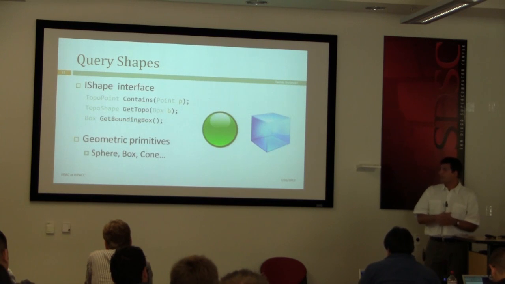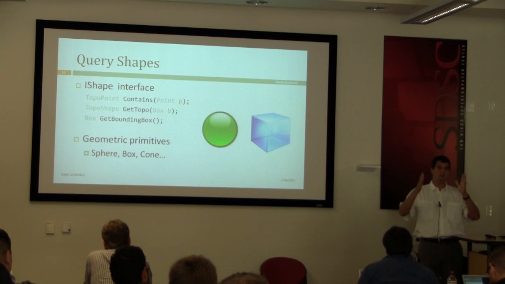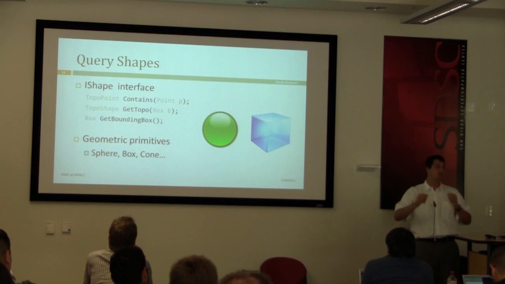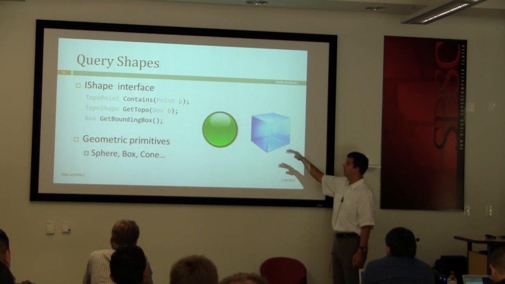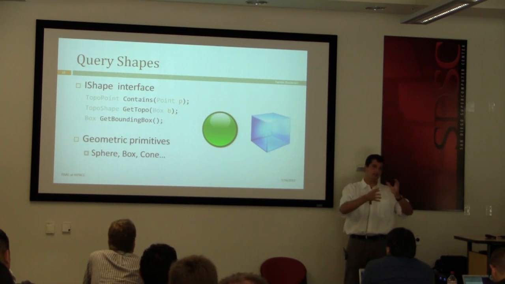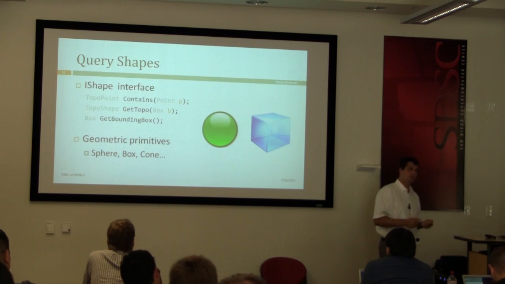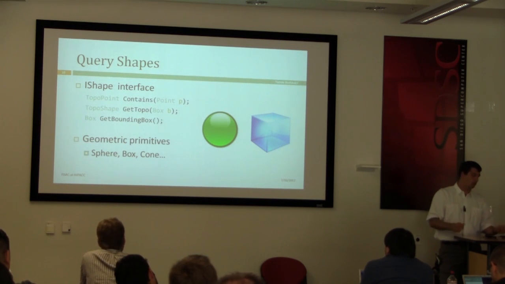And in addition to this, you also want to be able to describe how these things relate to boxes, because that's typically what the simulations are in, periodic boxes. So these are the few functions that any primitive would have to know about: how to figure out what its bounding box is, whether it intersects with the box or not, and whether the point is inside or not. And if you can do this, then you're good. You can add new primitives to these frameworks very easily.